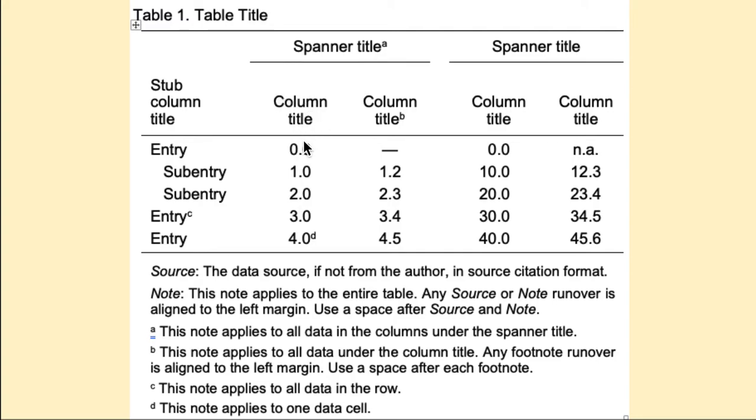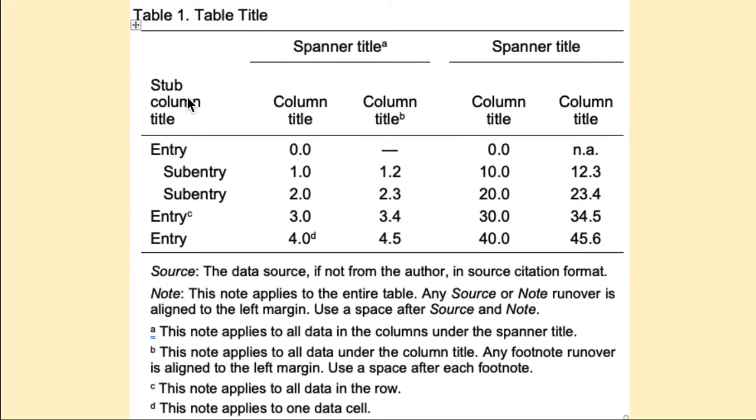It only applies to this one column of data. This spanner title, which you can see by this underline here, applies to these 2 columns of data, the one with 1, 2, 3, 4, and the column with 1.2, 2.3, 3.4, and 4.5. And this spanner title here would apply to the last 2 columns.